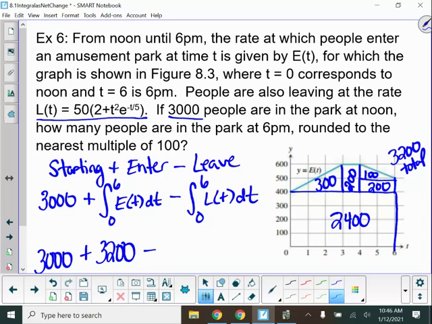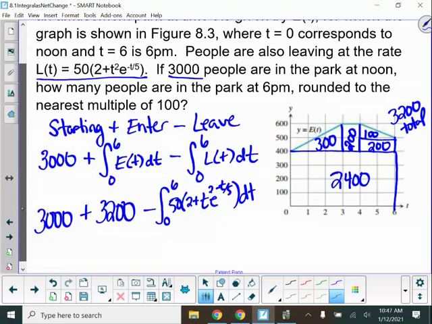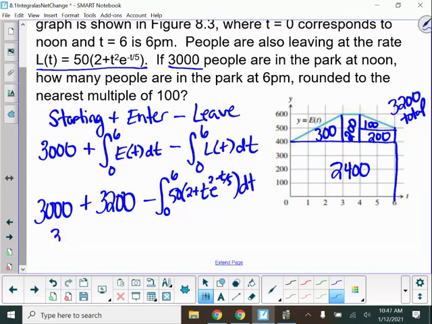Now, to find the integral of the L of t, you would have to use the calculator for that. So 0 to 6 of 50 times 2 plus t squared e to the negative t over 5 dt.